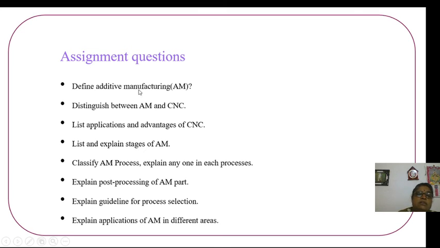That means additive manufacturing is nothing but a 3D printing technology or layer technology.